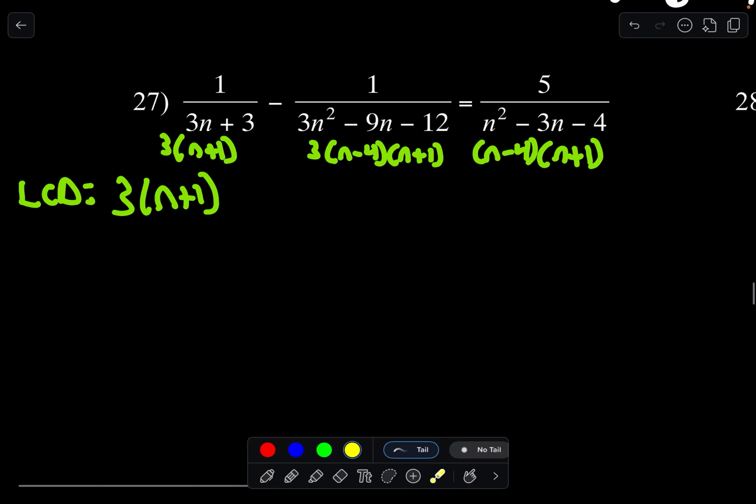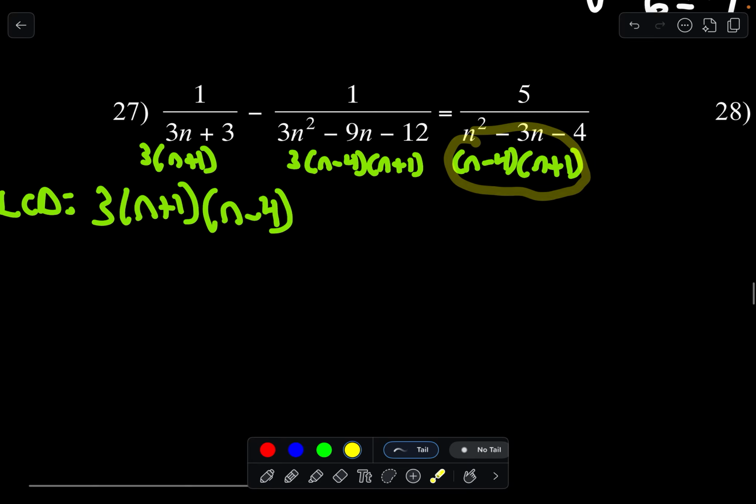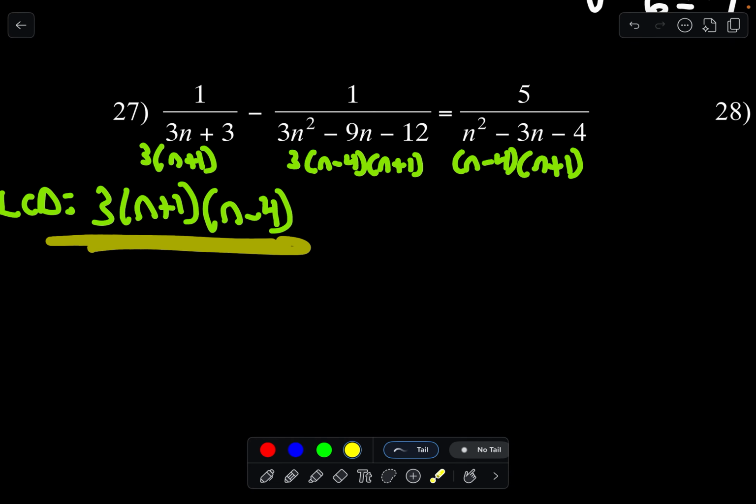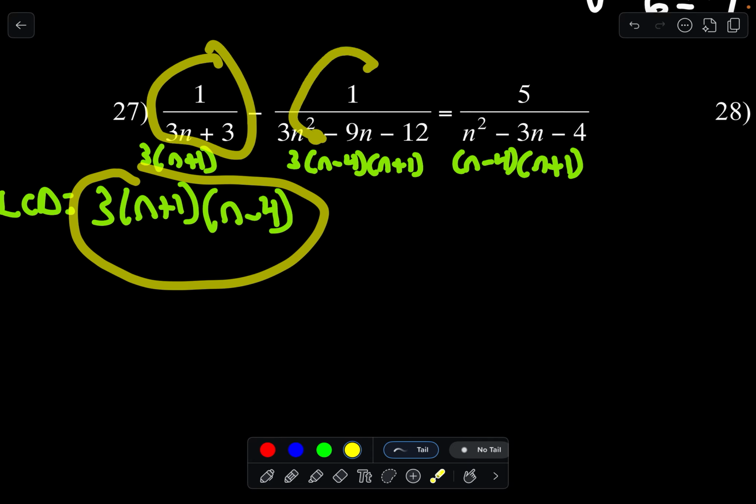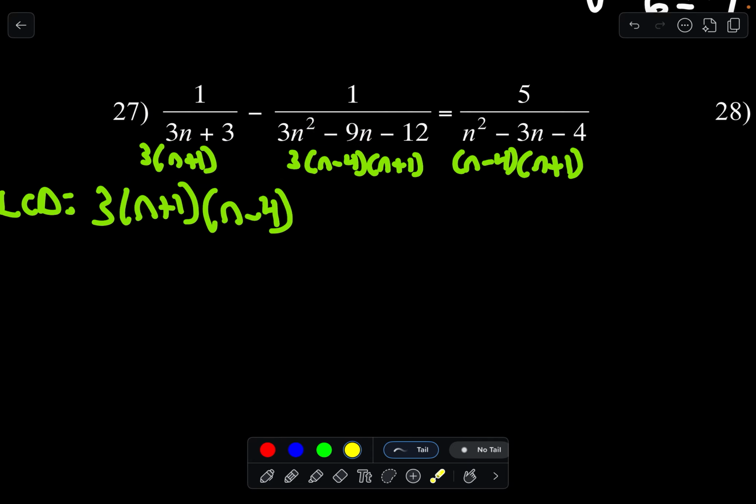So we have to add the n minus 4 to our LCD. And on the last fraction, the n minus 4 and n plus 1, we have both of those right here. So this is the LCD.